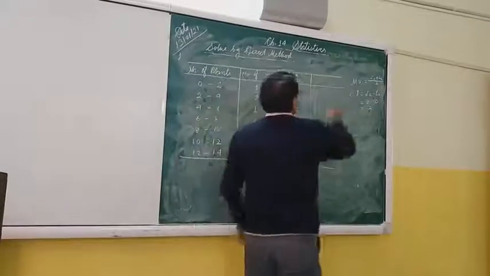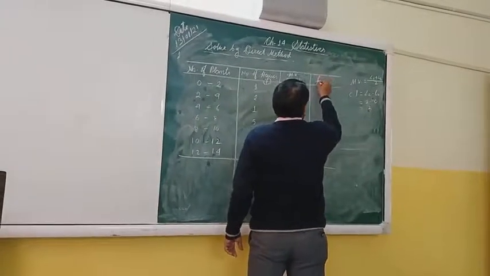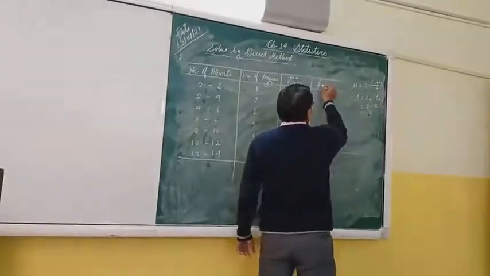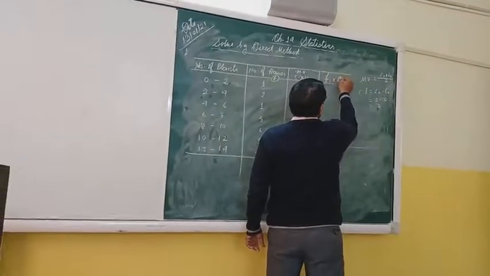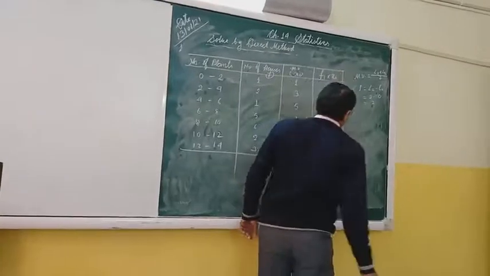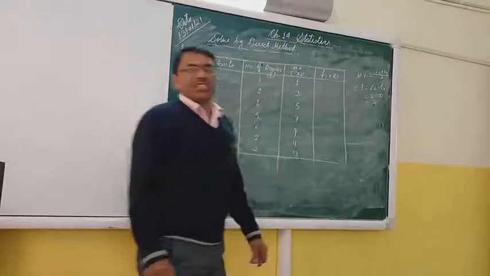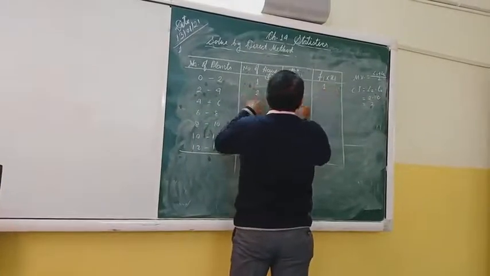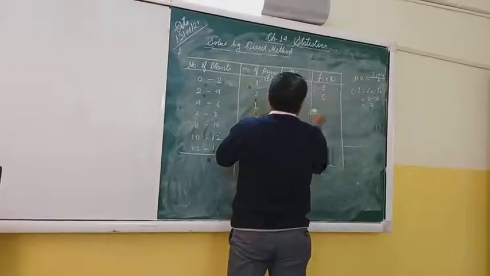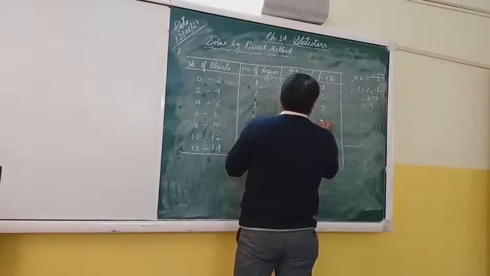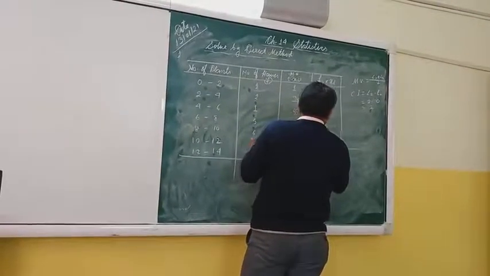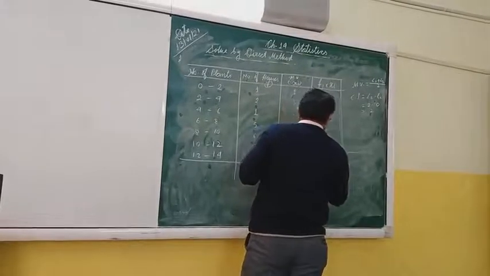Now students, f into x, frequency into mid value. We shall now write the symbol fi into xi. Very simple. 1 into 1 is equal to 1. 2 into 3 is equal to 6. 5 into 1 is 5. 5 into 7 is 35. 9 into 6 is 54. 11 into 2 is 22.